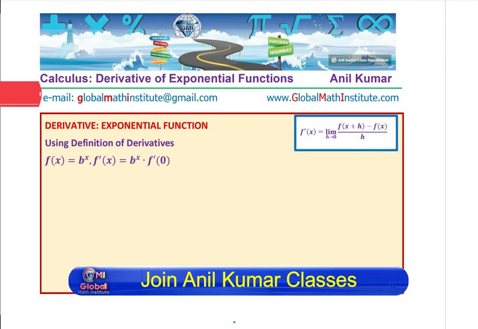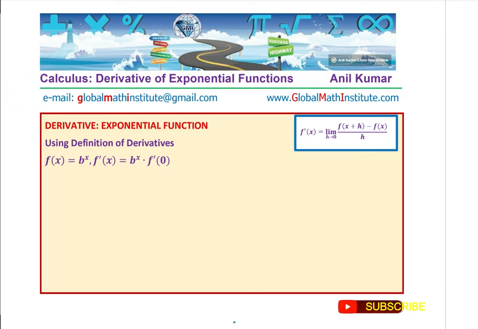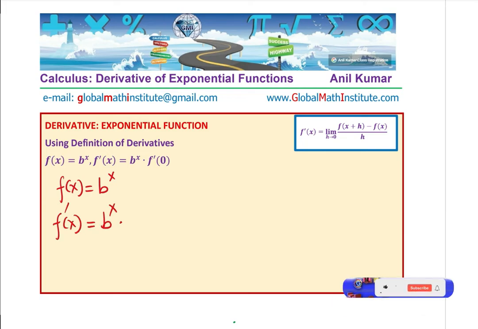So you have clearly understood what this derivative is. So now let's further explore the derivative which we have, that if the function f of x is equal to b to the power of x, in that case the derivative is indeed b to the power of x times the derivative at 0.